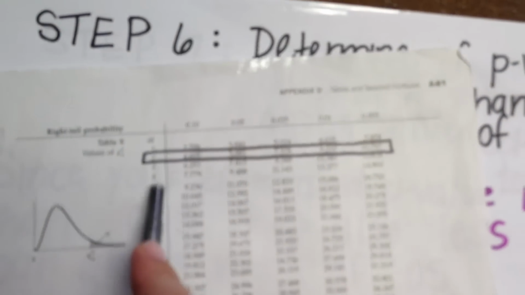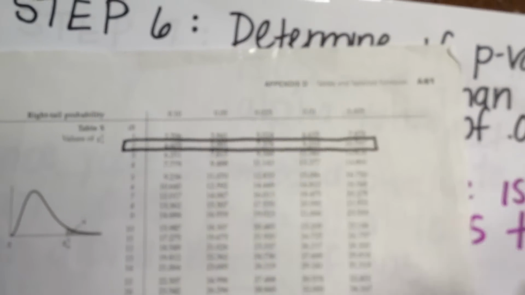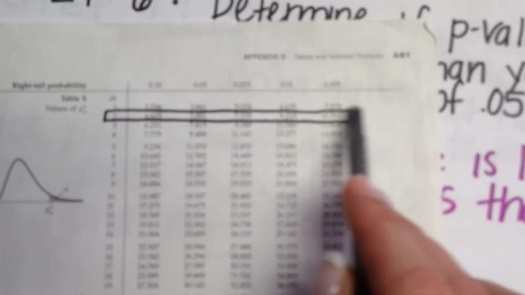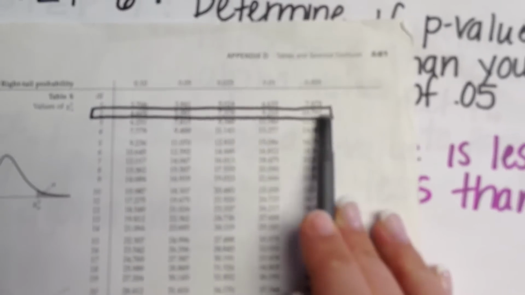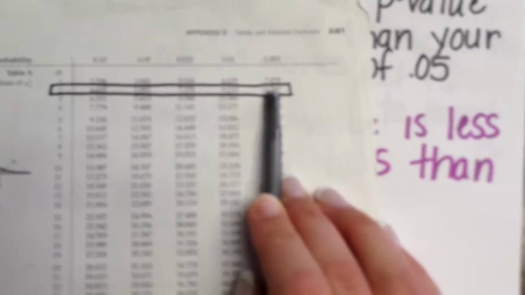You have your degrees of freedom down this way, and you have your p-values down that way. So what you do is you look for your chi-square value inside the body, and we will only be using the degrees of freedom row. So you see, if you're looking at your own chart, that this last value is 10.597. That is the greatest value in this row.